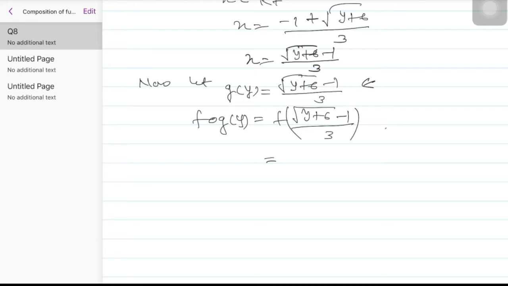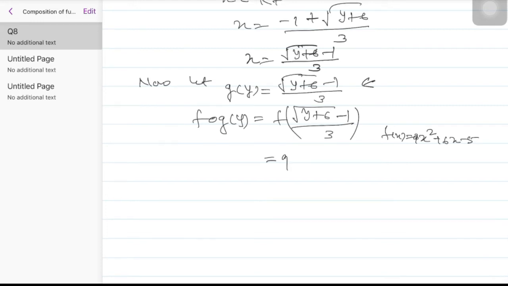Now what is the definition of f(x)? The definition of f(x) is 9x square plus 6x minus 5. So in place of x, we will write the complete expression, the square root of y plus 6 minus 1 divided by 3, in the definition of the function f(x).